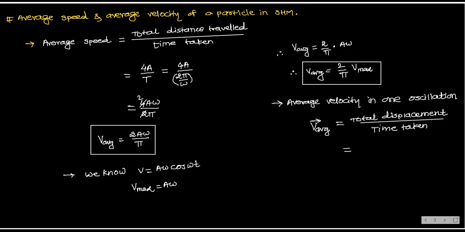So this is 0 by t. So therefore V average is equal to how much? 0 for one complete oscillation. Understood? Clear? This is what average speed and average velocity of a particle in SHM. Clear? Okay, so note down this.